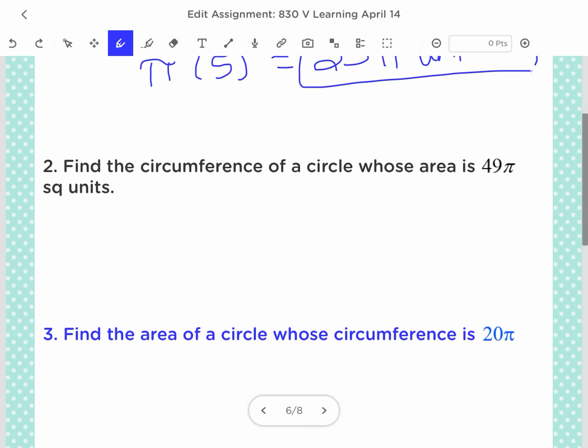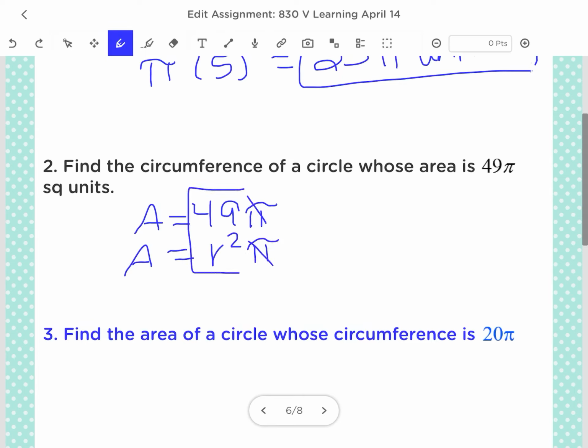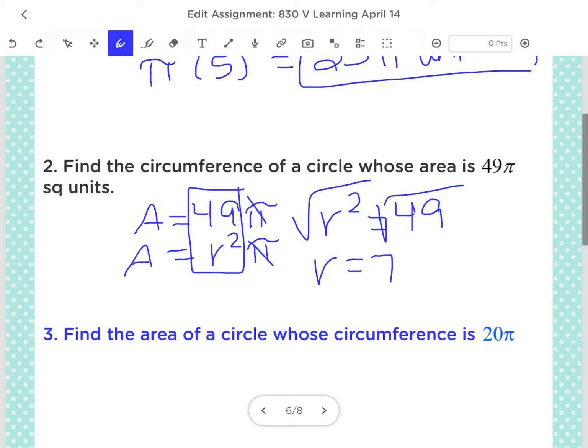Find the circumference of a circle whose area is 49 pi. If the area is 49 pi, and we know area is pi times radius squared, since the pi's cancel each other out, I know that the radius squared is equal to 49. Taking the square root of that, the radius is going to be 7. It's asking us to find the circumference.